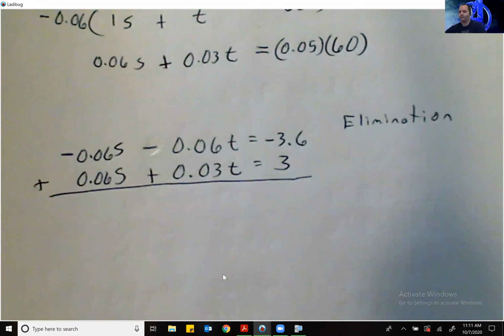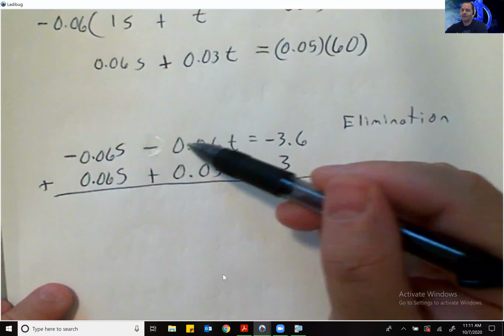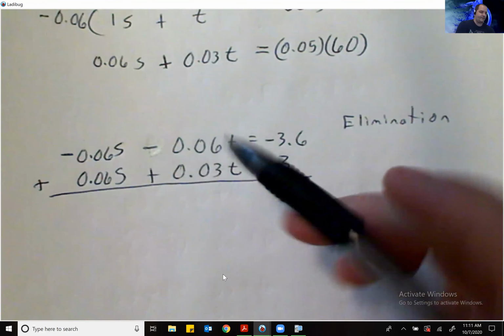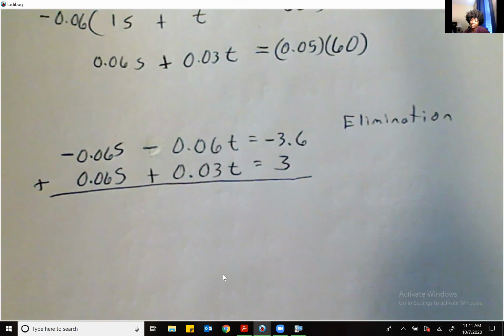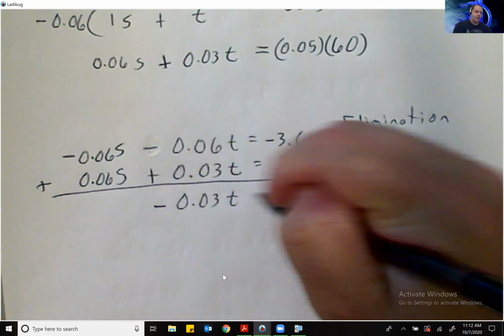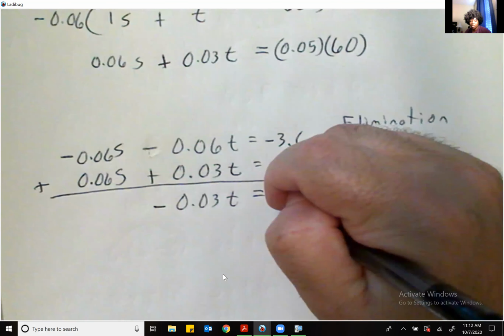That's why they cancel out. Okay. What's negative 0.06 plus 0.03? Negative 0.03 t equal to what's negative 3.6 plus 3? Negative 0.6. There you go.